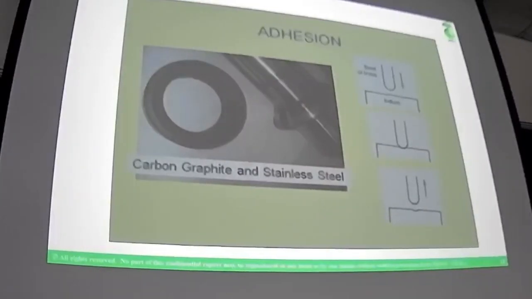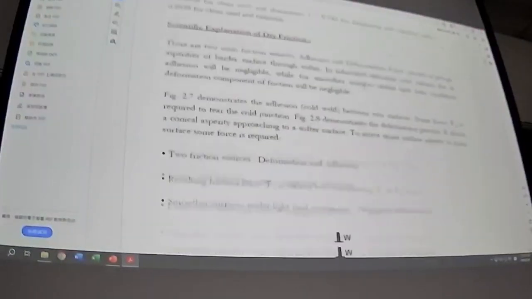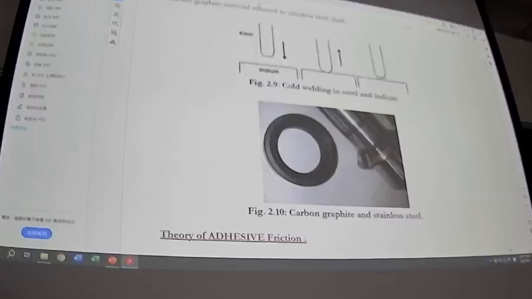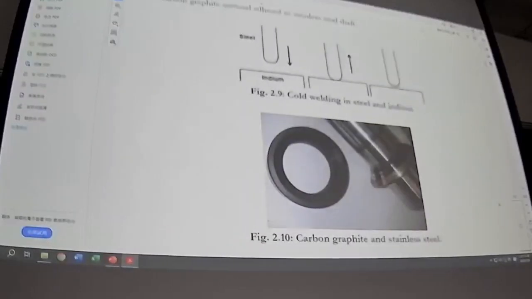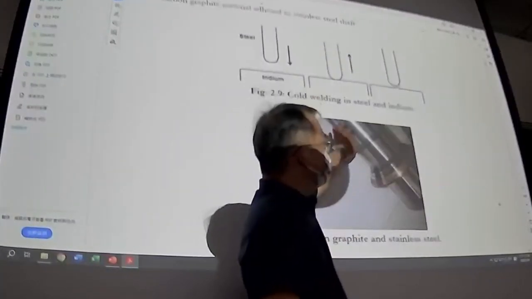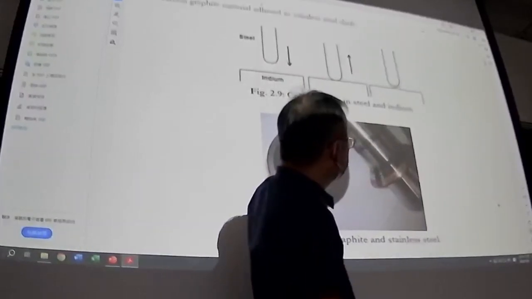So we have an example for this one. Maybe we look at the textbook, you can see more clear. So this is a typical standard shaft with carbon graphite seal.